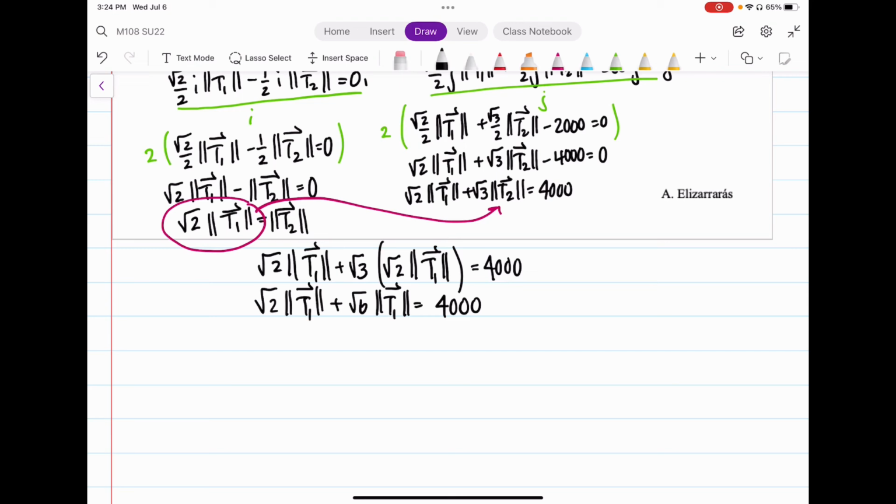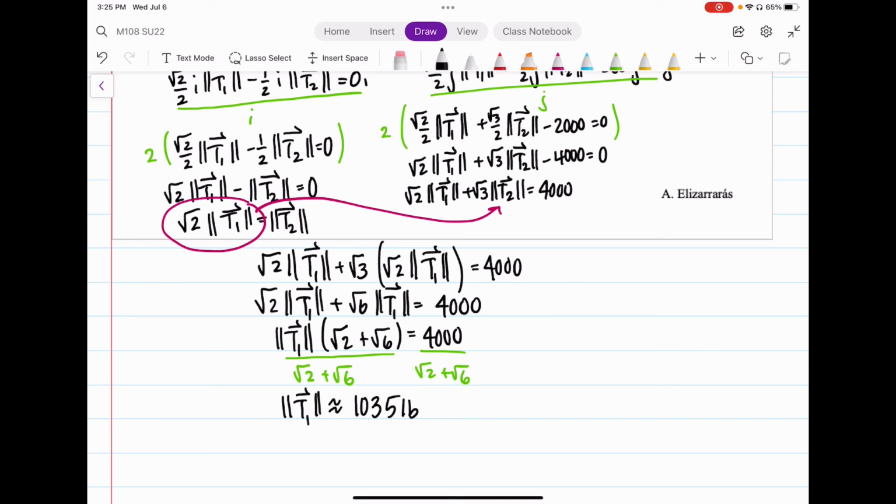And I'm going to factor out T1 to solve for T1's magnitude. So I'm going to factor the T1 magnitude out, and I'm left with root 2 plus root 6, which I can then divide through on both sides. I try to keep it as exact as possible. I don't like to turn into decimals until I absolutely have to.